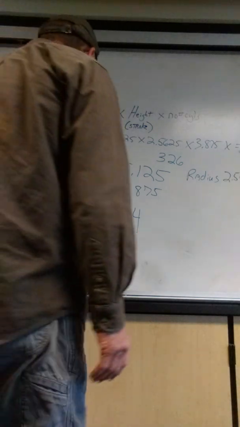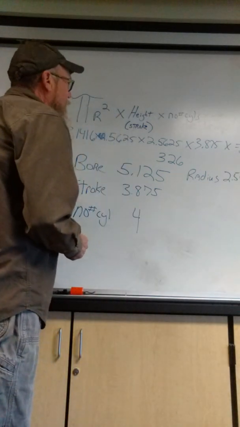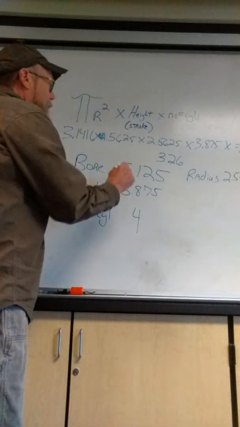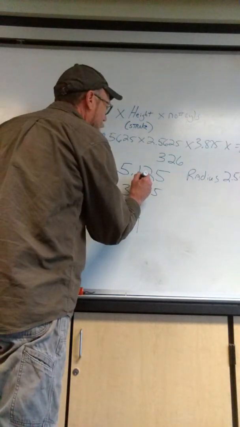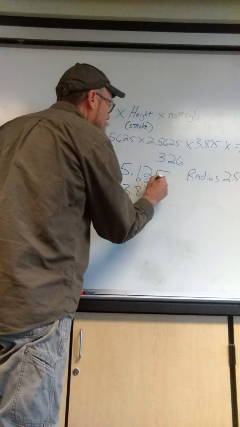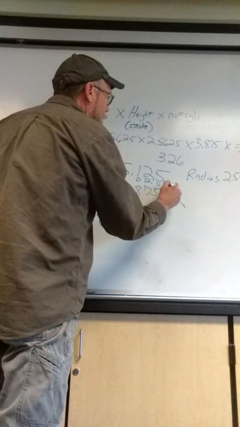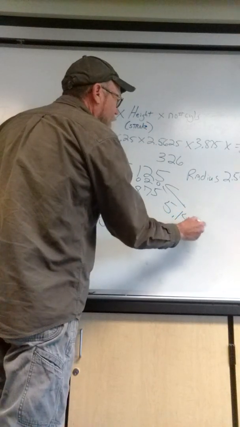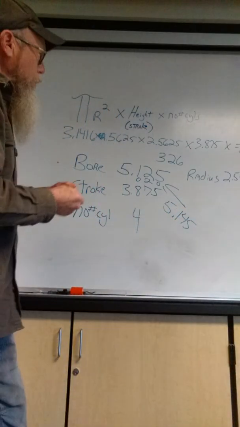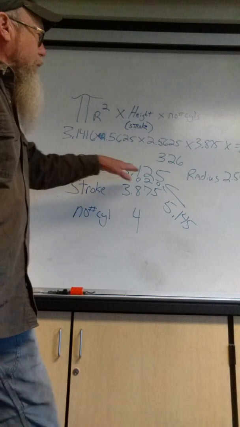But let's see what happens if I were to bore this thing 20 thousandths over. So my basic bore size I would be doing on this thing is adding in 0.020. So the new size of the bore is 5.145.